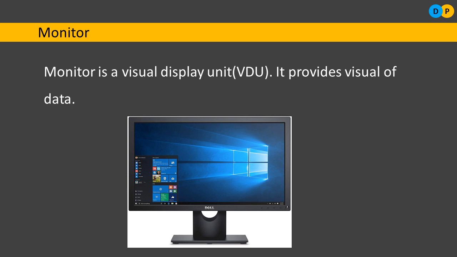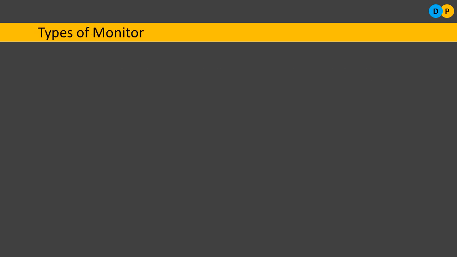These types of devices will be connected to our cabinet or CPU via a terminal, via a visual display adapter, using which we can see the text as well as graphics on the screen.